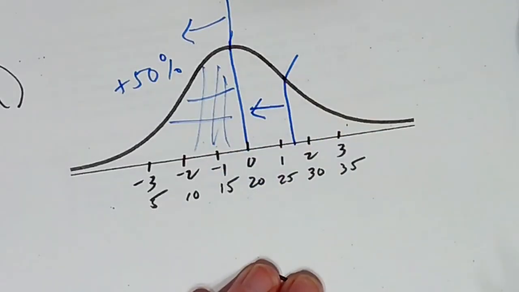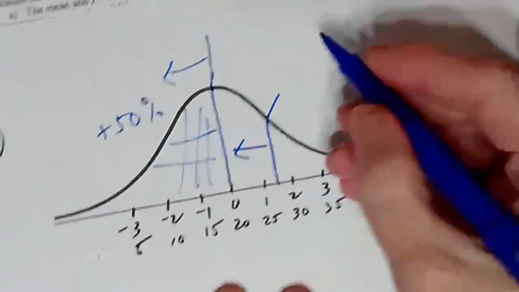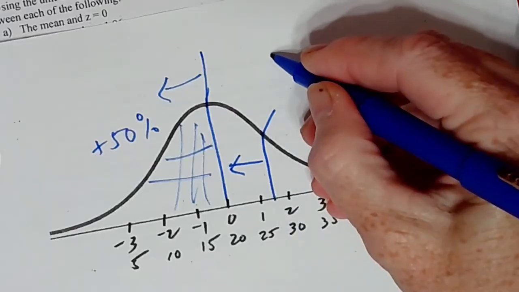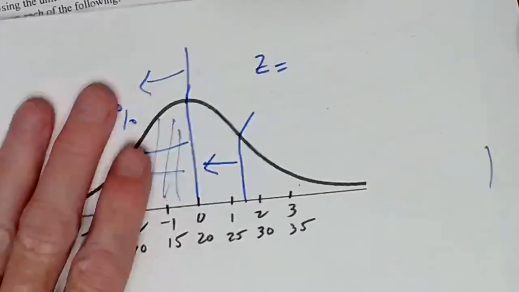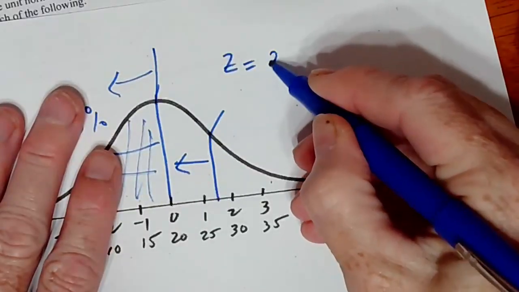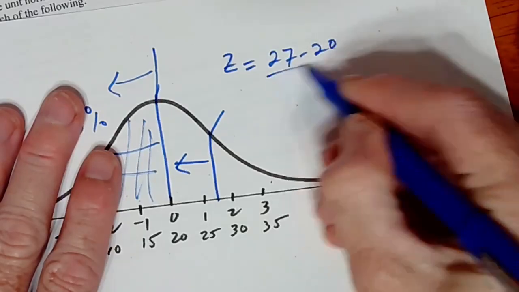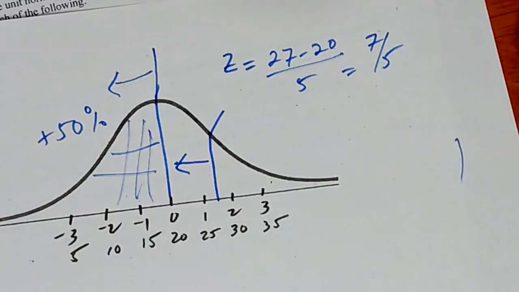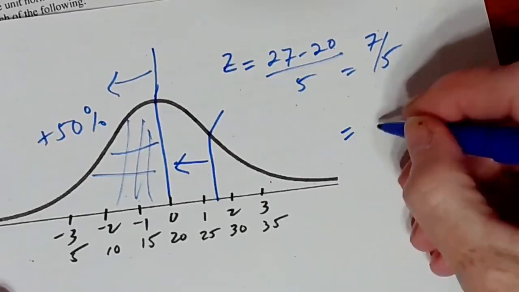So Z equals 27 minus 20 divided by 5, which is 7 divided by 5, again 1.4.